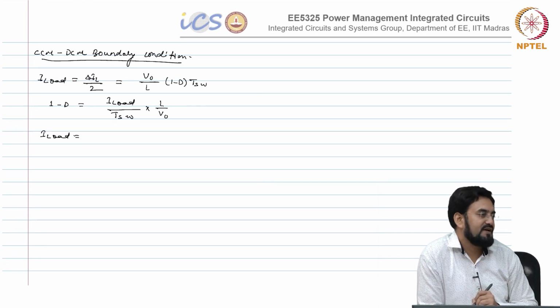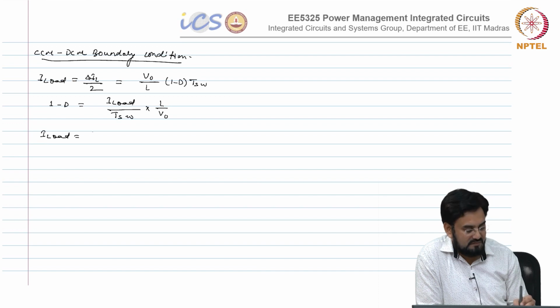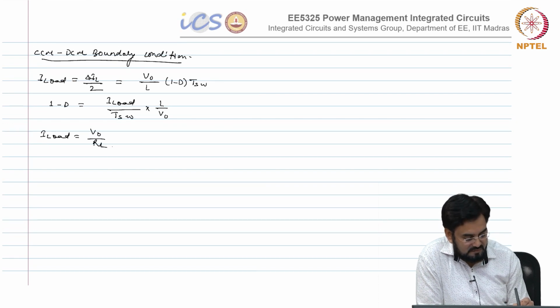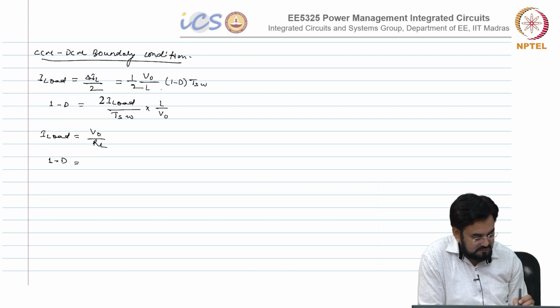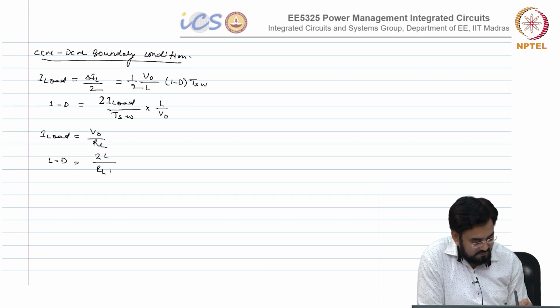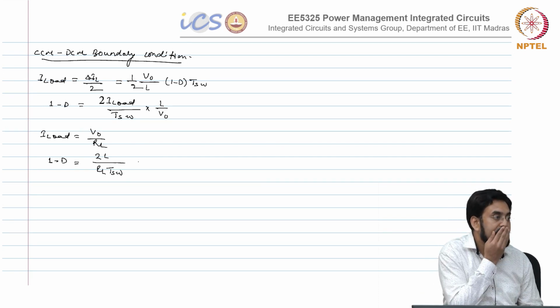In terms of RL, if I want to write, which means 1 minus D equal to, so V out will get cancelled out, so you will get, there was 2 factor also, yeah. Correct.